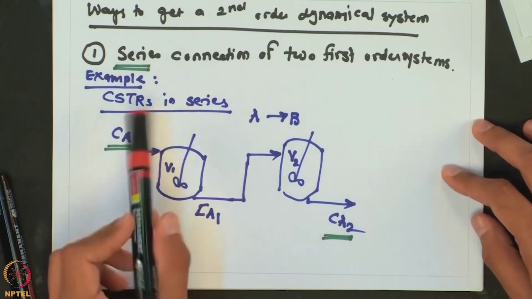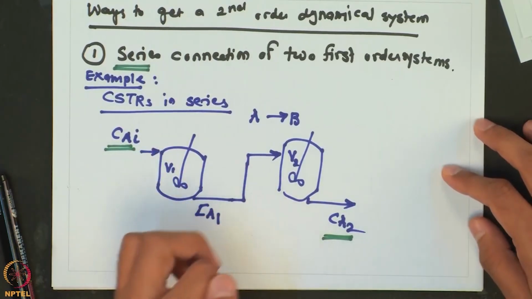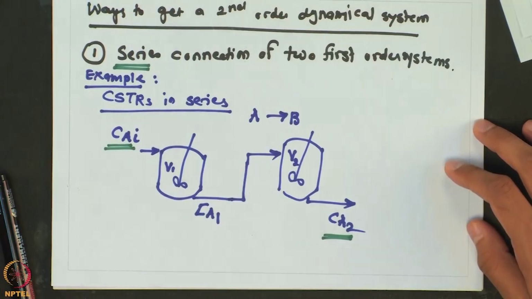So, these series connections can be interacting or non-interacting, and if you refer to textbooks, you will see that typically when we have interacting systems, the systems are slower compared to non-interacting systems. So, that was one way of getting a second order dynamical system.